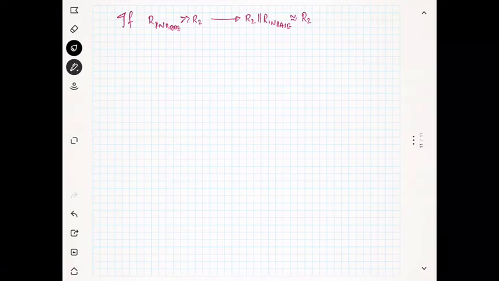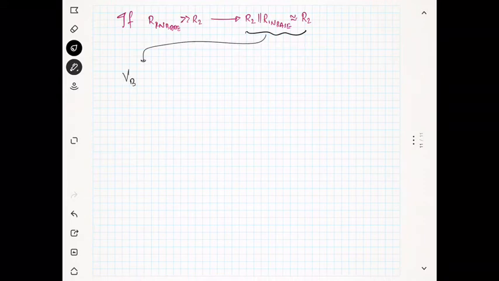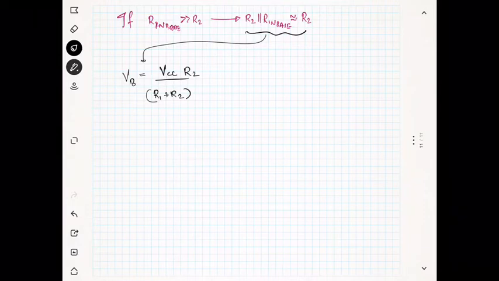In this situation, if we are considering this case, we can obtain VB equal to VCC divided by R1 plus R2, into R2. This is simply the voltage division.